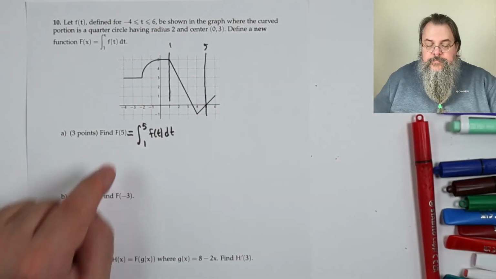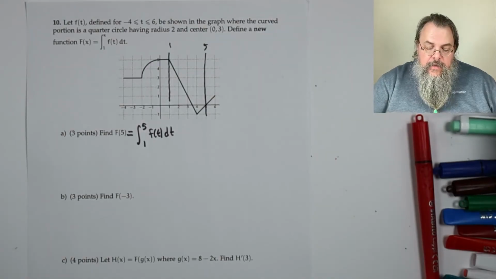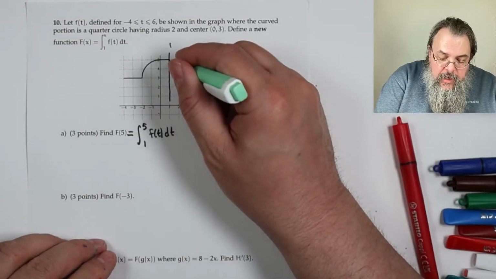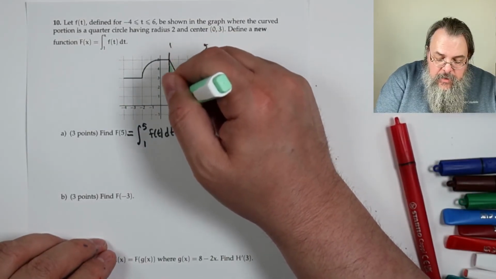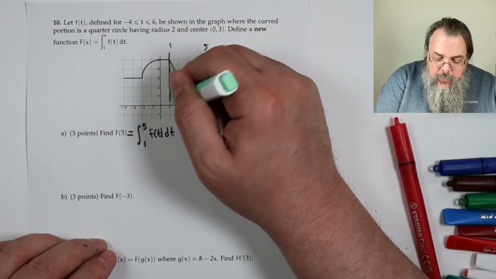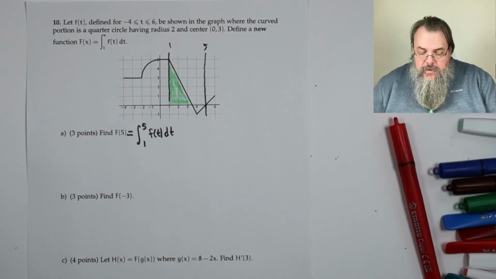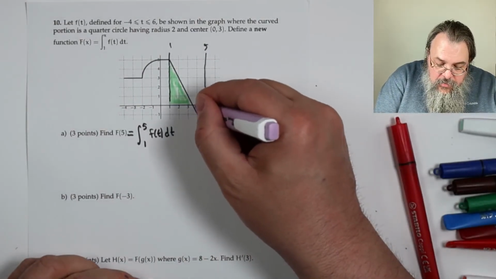Now, what are we going to do? Well, we're going to very carefully say, look, if we're after this, it's really an area, because we can think of integrals as finding areas. So we have a piece here, and then, of course, we have another piece over here, down below.